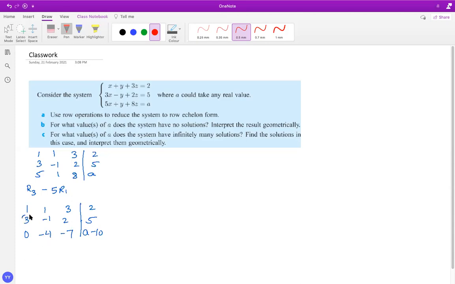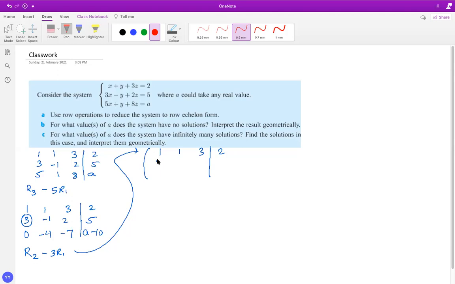Now you have to make the second row's first number 0, which is R2 minus 3R1 if I do. Now when I do that, we get 1, 1, 3, 2 here.